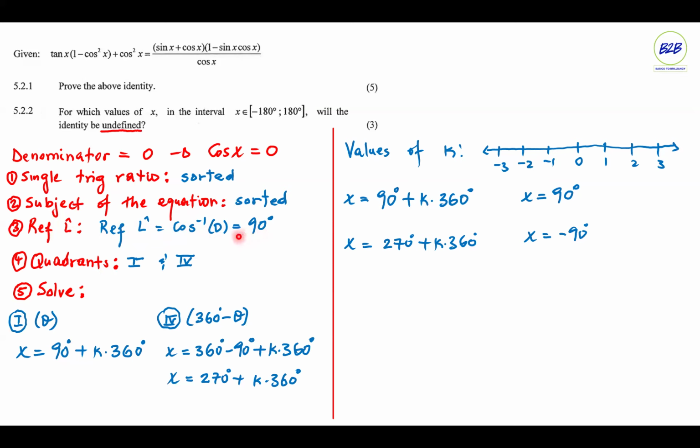All right. And then after having determined the reference angle, we choose quadrants. We say, okay, cos x is equal to 0. Well, there is a huge debate of whether 0 is positive or negative.